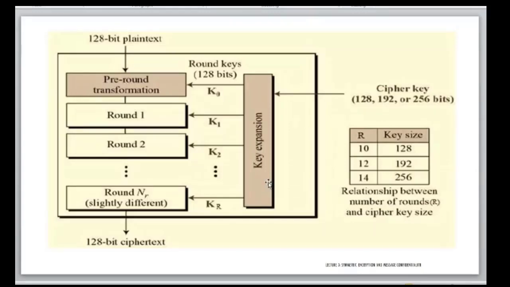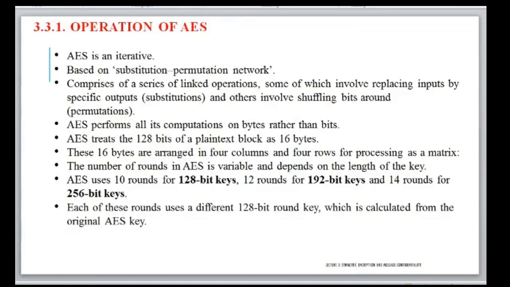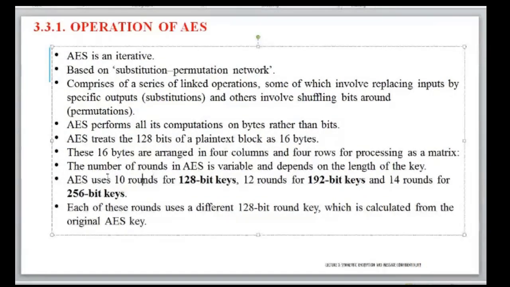The block diagram shows I have a 128-bit key. Depending upon the requirement, you can increase or decrease the length of the key. You can see in this slide, if you are going for 10 rounds, you can use the same 128-bit key.